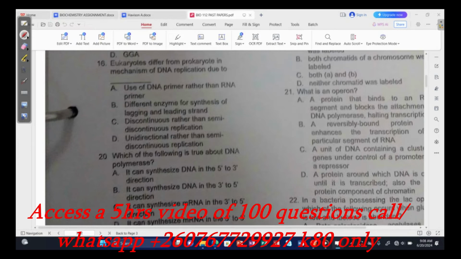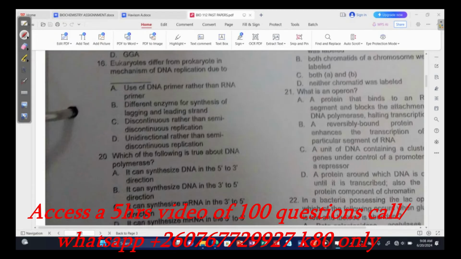A is saying eukaryotic DNA replication uses DNA primer rather than RNA primer. This is not true. We don't have DNA primer, be it in prokaryotic or eukaryotic cells. What we only have are RNA primers, which are short sequences of RNA bases.